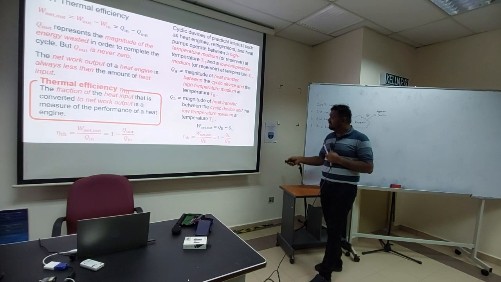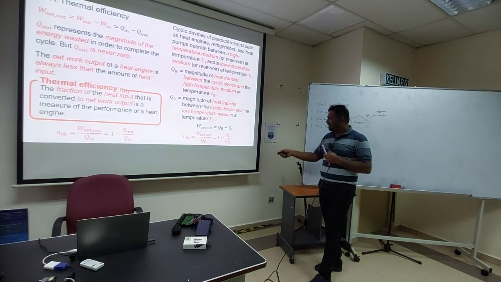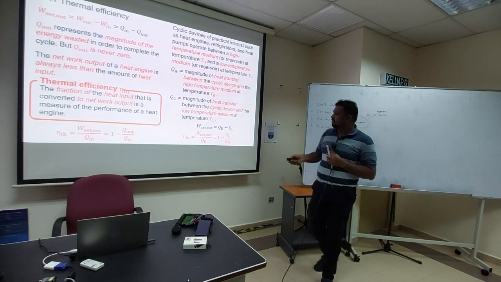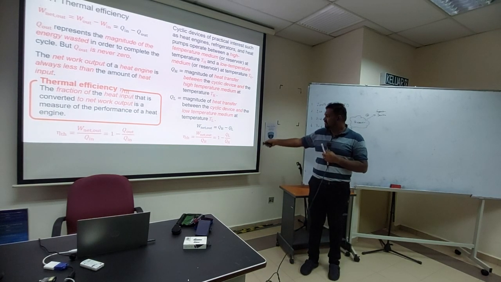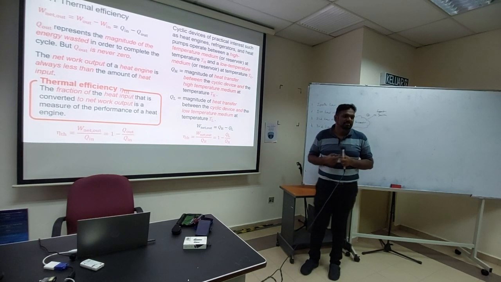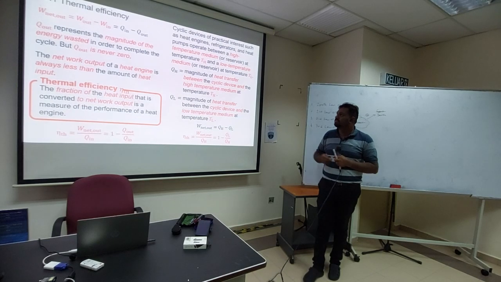QH is the high heat, and here Q out is the low heat, so efficiency relates the low heat energy over the high heat energy. Normally this will be from the source, and this will be at the sink, so you can calculate.